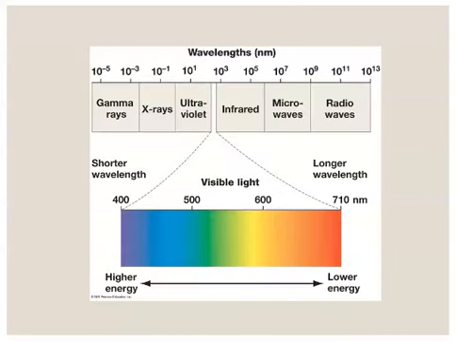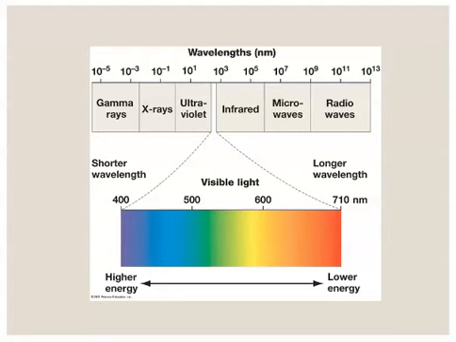So when we discuss photosynthesis, we're talking about two particular wavelengths of light that are in the visible spectrum. We're talking about red light, which has the longer wavelength of about 700 nanometers, and blue or purple light, which has a wavelength of about 400 nanometers.